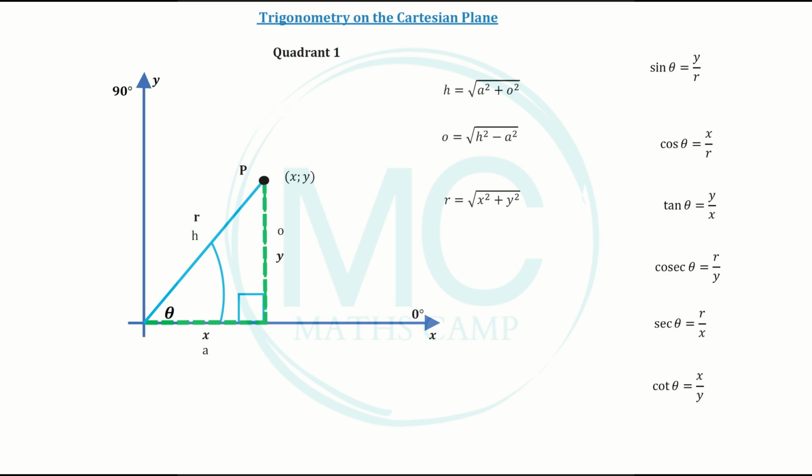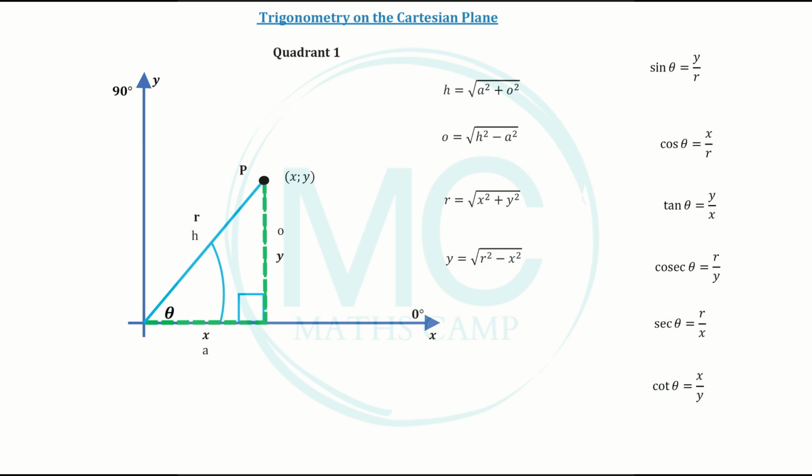Let's say we need to find the length of the opposite side. So we can now say the opposite side, which is y, is equal to the length of the hypotenuse, which is now r, squared, minus the length of the known side, x, squared, all under a square root. We can also still use Pythagoras to find the adjacent side by making x the subject of the equation.